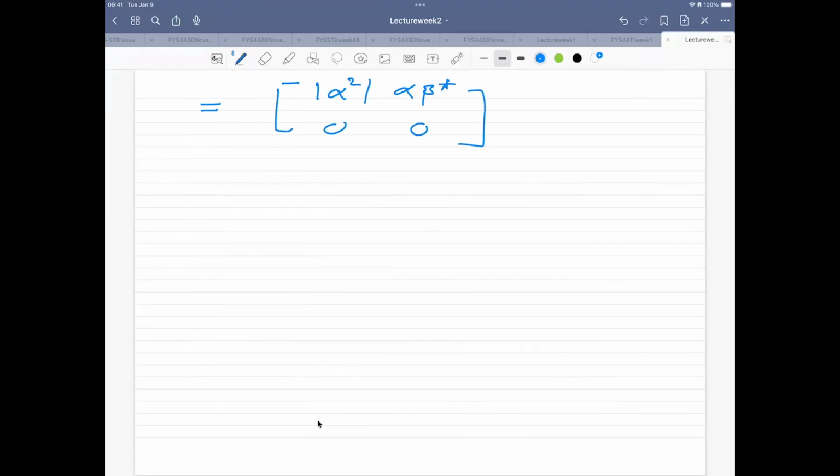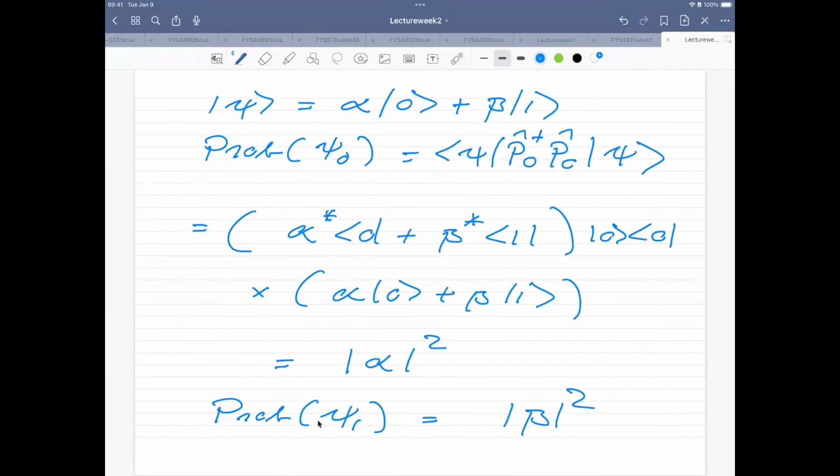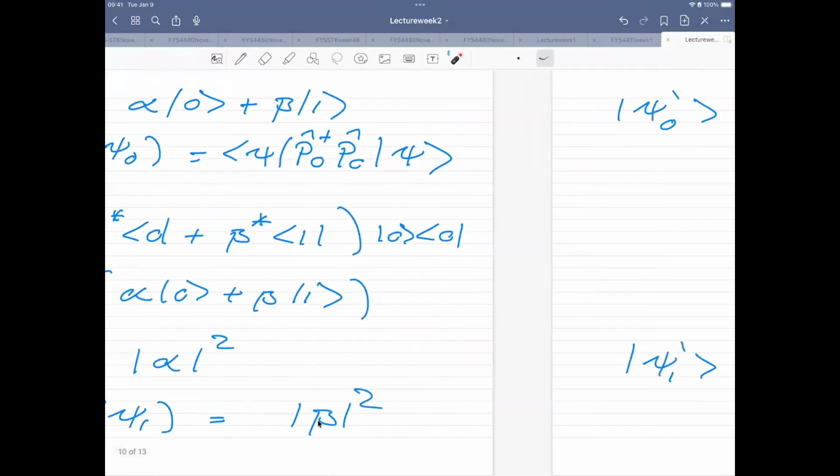So what I see now is that if I take the trace of this quantity, that is alpha squared. And we knew from before the break that the probability of psi component 0 was just alpha squared, right? We calculated that before the break, so let me just bring it up again. And this is what we did. We just used the quantum mechanical definition for a measurement, and that gave us either alpha squared, or beta squared if we were looking at the probability of the second component.